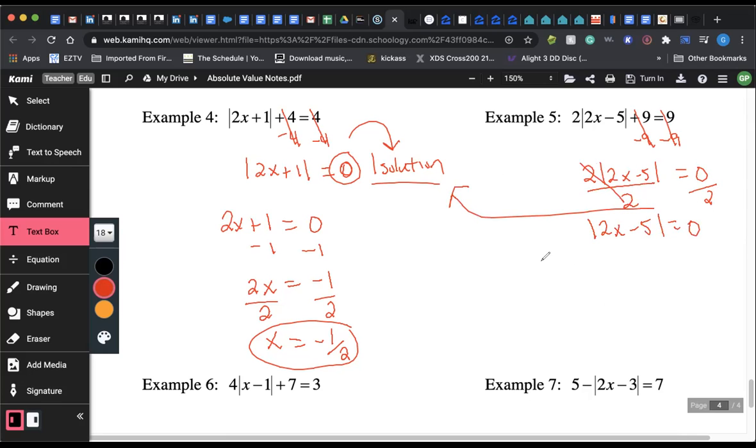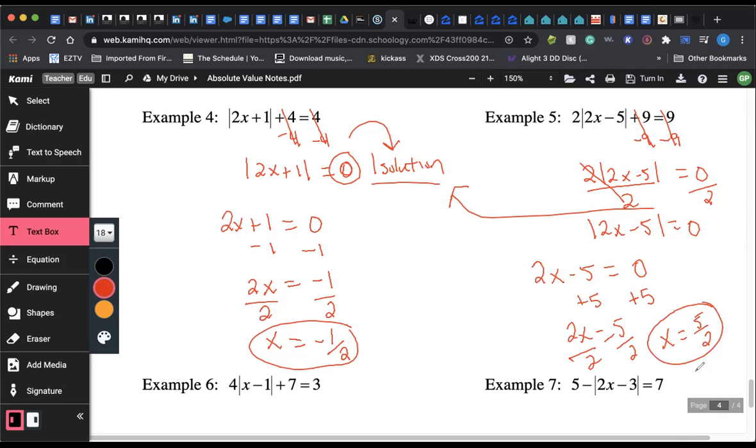Good. So 2x minus 5 equals 0. 2x equals 5. Good. So 2x is equal to 5, and x is equal to 5 over 2, or 5 halves.